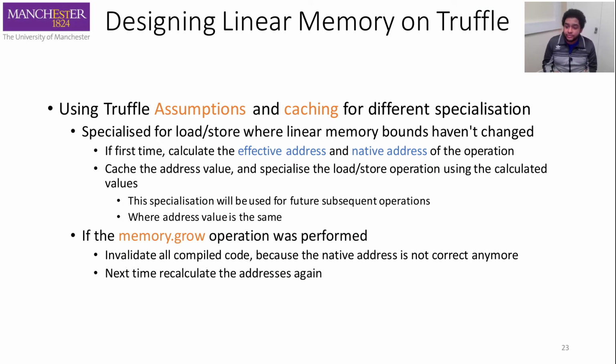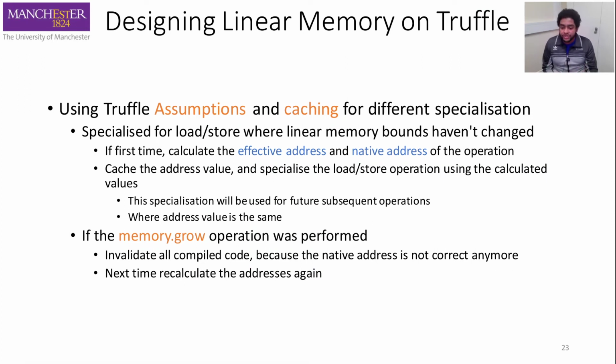The first time a memory instruction runs, we calculate the effective address and the native address and cache this with a specialization, which will be used in all subsequent executions of this instruction, guarding for the address value being the same. That ensures that the value does not change.